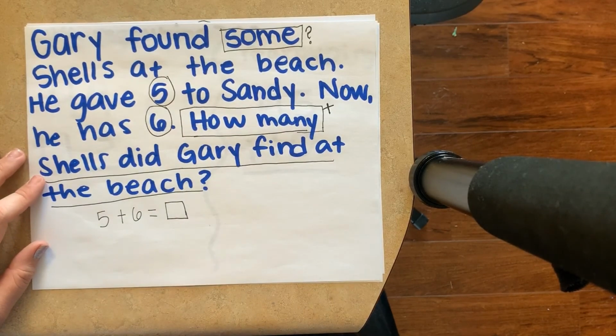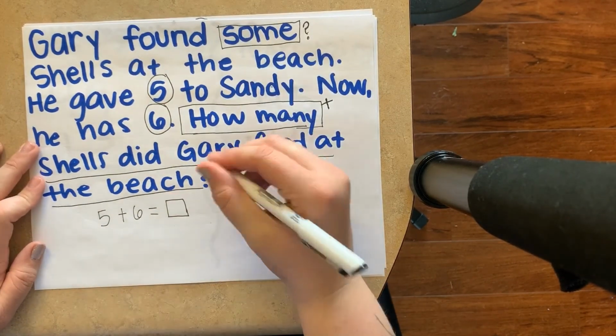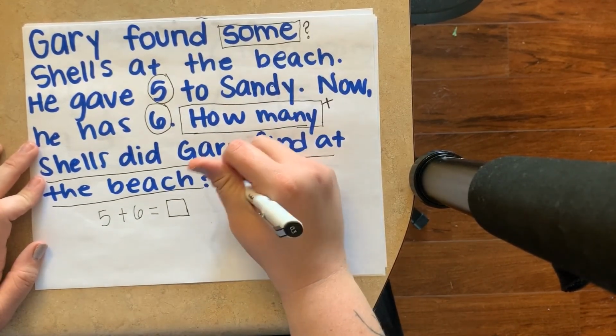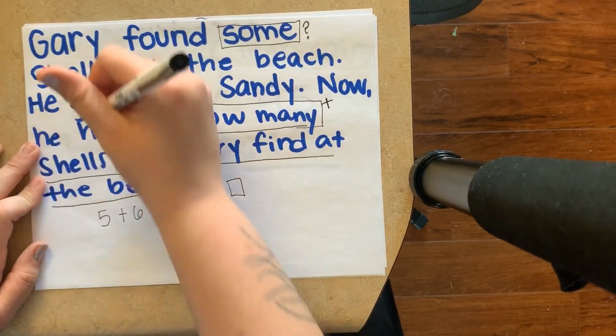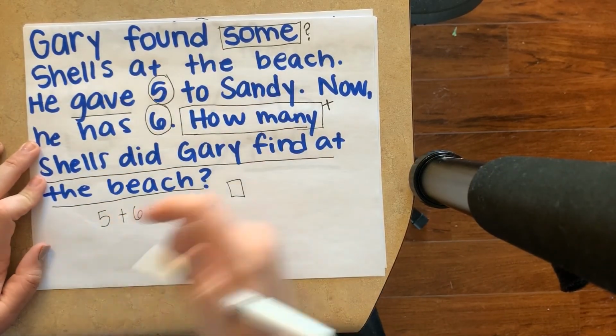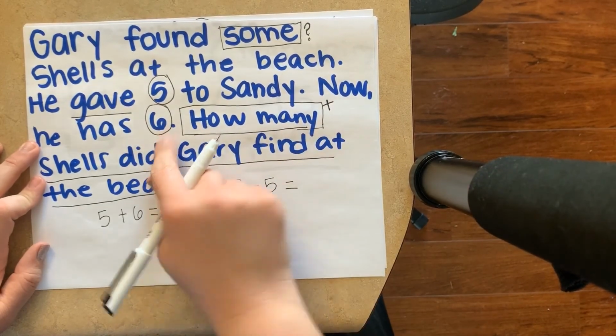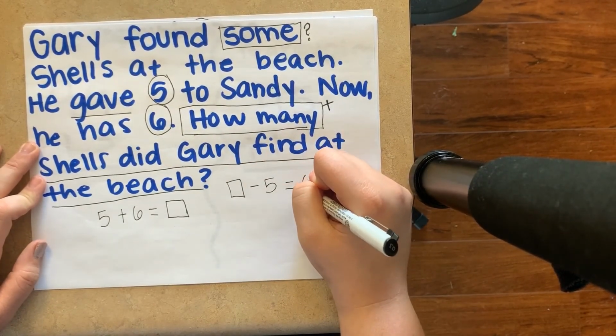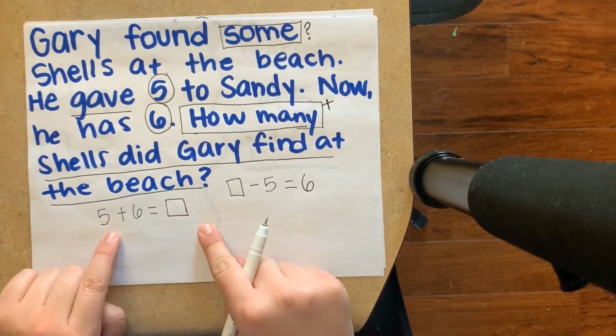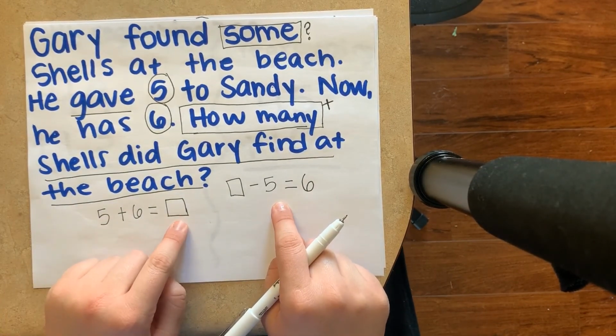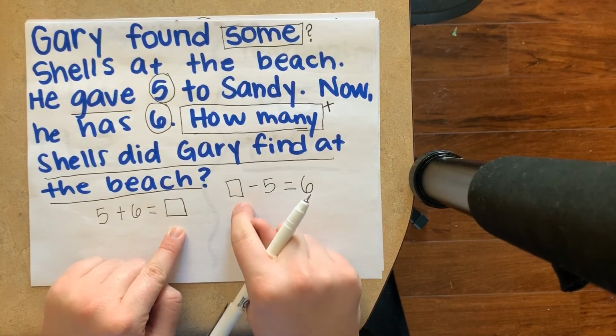But if you went in order of the problem, you could have also had this equation. Box, and he gave 5 to Sandy, so take away 5, equals 6, which is how many he had left over. These are fact families, so the same number here should also work here.